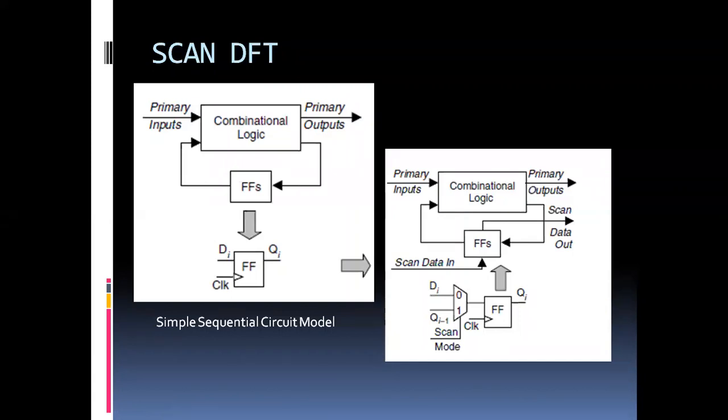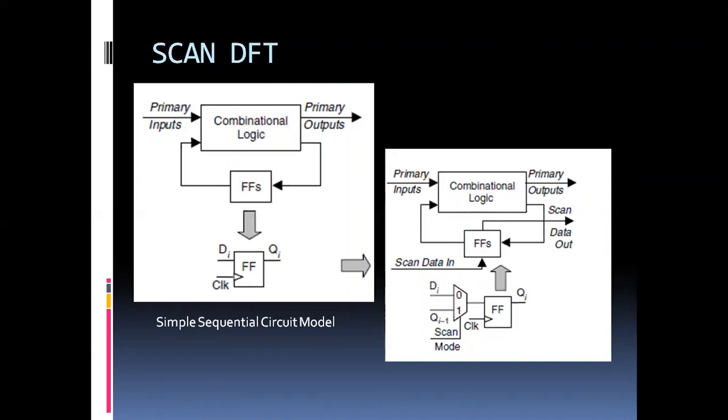Normally, the procedure we'll see when we go for full scan is this. We select the scan mode and give the scan input. Once that is clocked in, we change to the normal mode. The data which has been put in is passed on to the combinational logic.